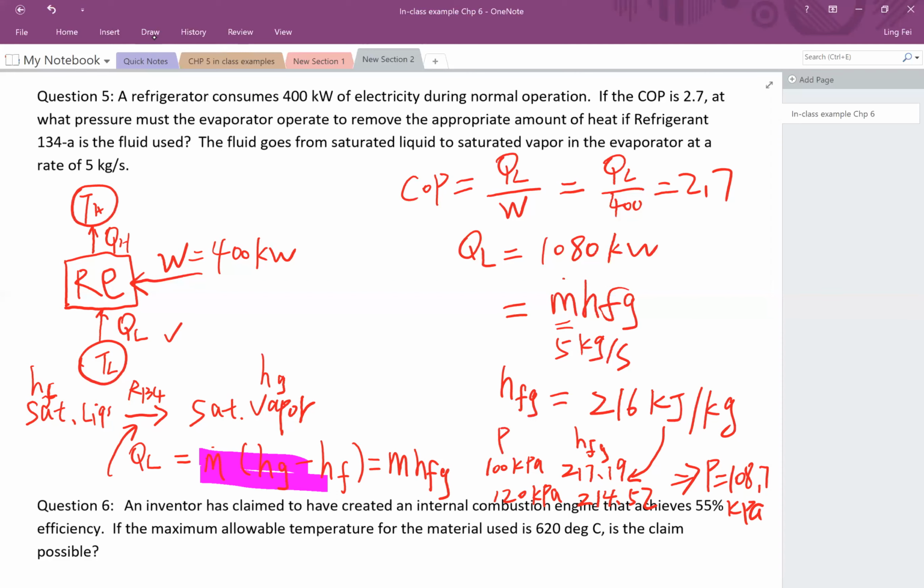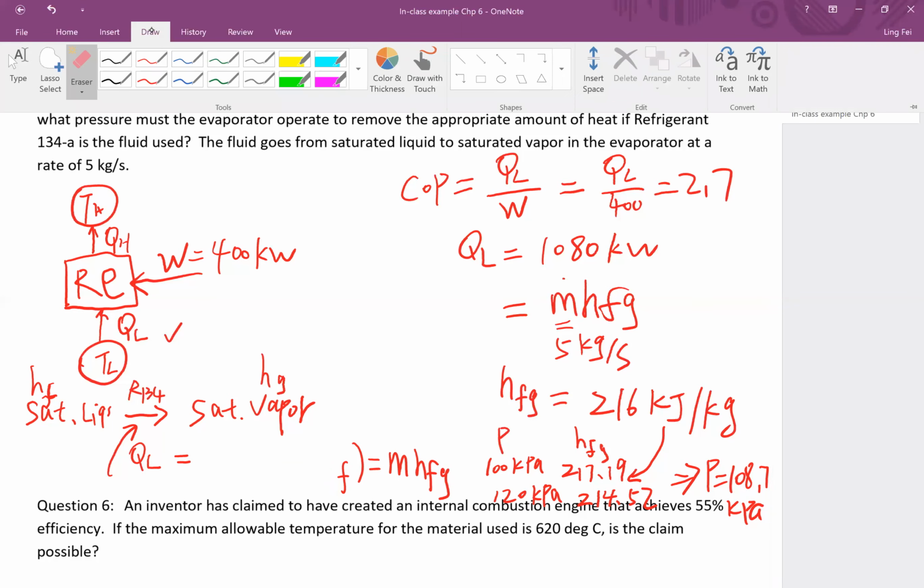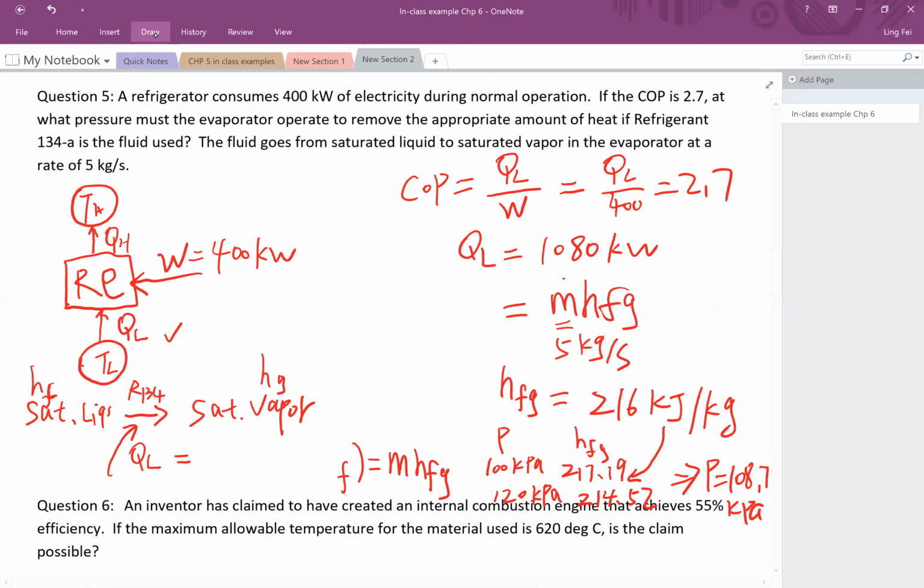Where does the heat come from? You extract the heat from your food in the refrigeration chamber. So that's your QL, because the heat released from the chamber is called QL. So that's all for this question.